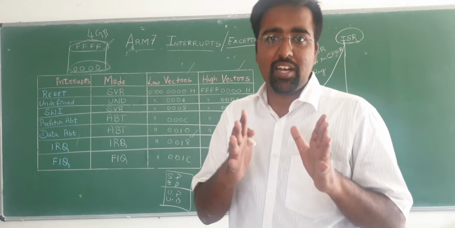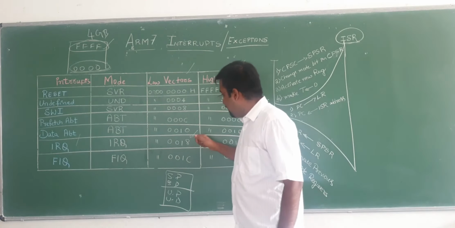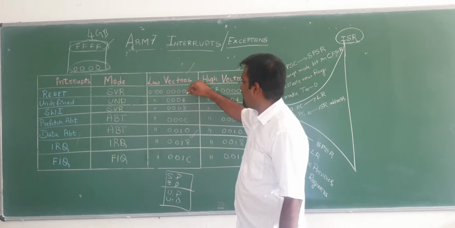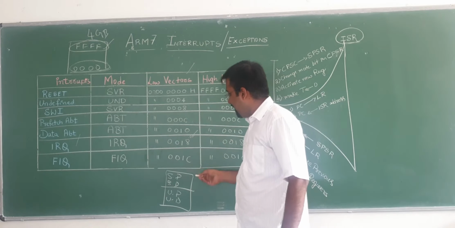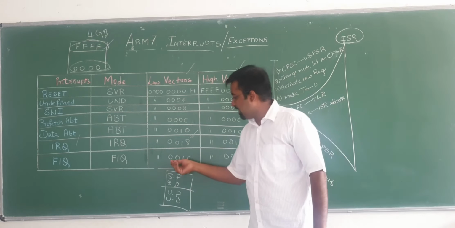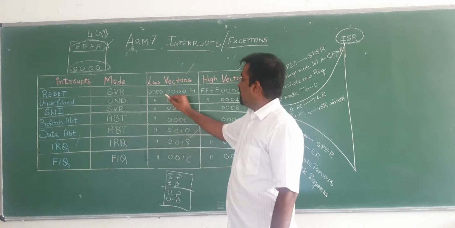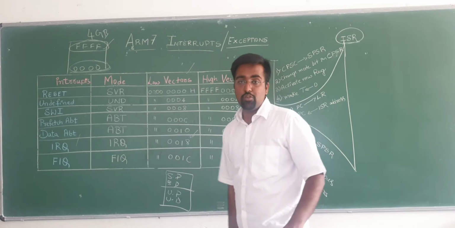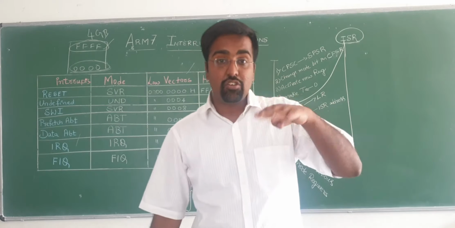I am not disturbing that particular address, but still it exists, which I don't make use of. Are you people understanding what I am telling you? Okay, so I haven't taken 0014 here. Instead, everything starts from 0004, 8, C, and it ends at FIQ which is 001C. If you observe the difference here, between 0000 and 0004 you have 4 bytes of difference.